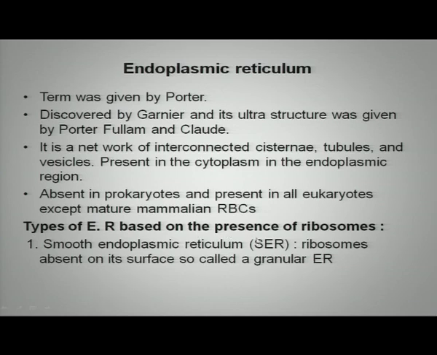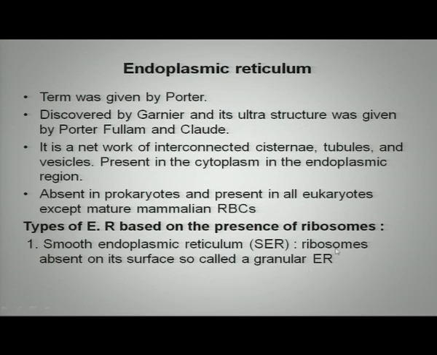Now, coming to the types of endoplasmic reticulum based on the presence or absence of ribosomes. Here the first category is smooth endoplasmic reticulum. For smooth endoplasmic reticulum we use the abbreviation SER. Ribosomes are totally absent on its surface, so they are agranular endoplasmic reticulum.